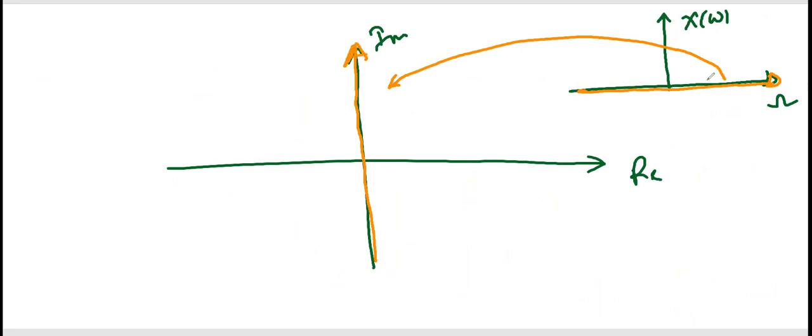Previously, if you have the peak like this, a frequency component, higher frequency and higher frequency like this, now it will be converted. Let's say this is omega 1 and this is minus omega 1. So these two points are now here. This is omega 1 and this is minus omega 1.